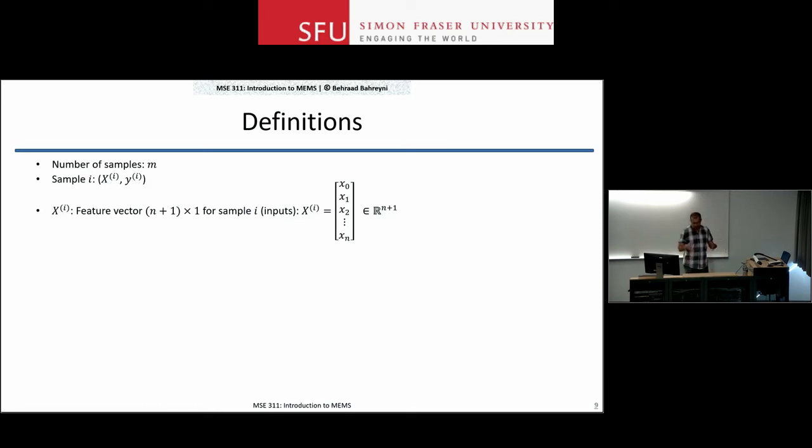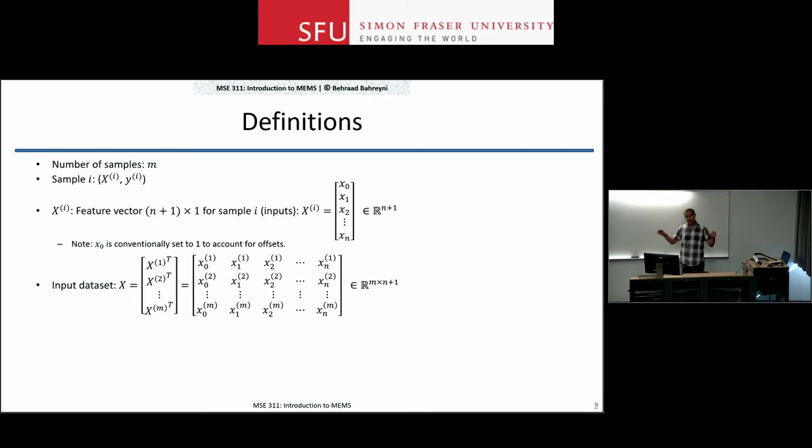And then this makes the input vector n plus 1 by 1 vector, right? So the first element in your feature vector x naught is set to 1 in most machine learning applications. That's going to help you to account for offsets and biases and things like that. In some cases you don't need it, but in the vast majority of the cases you have a 1 at the beginning of your feature vector, and then x1 to xn are the values that you calculate from data.